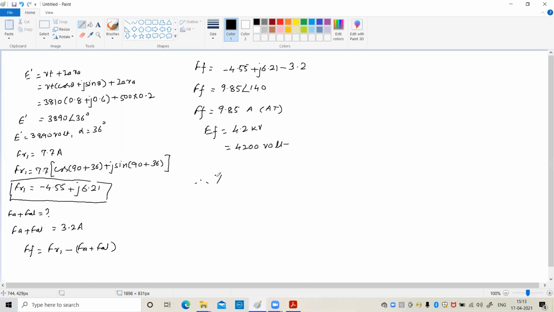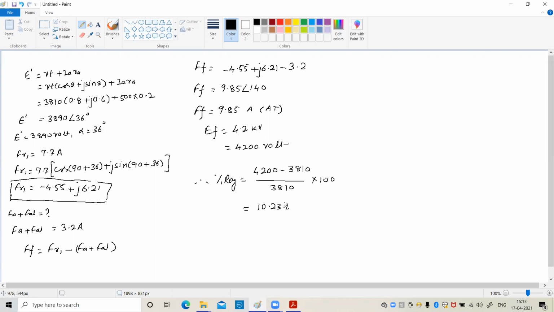Therefore, percentage regulation is equal to 4200, that is the excitation EMF, minus terminal voltage 3810, divided by 3810 into 100, and the voltage regulation is 10.23.